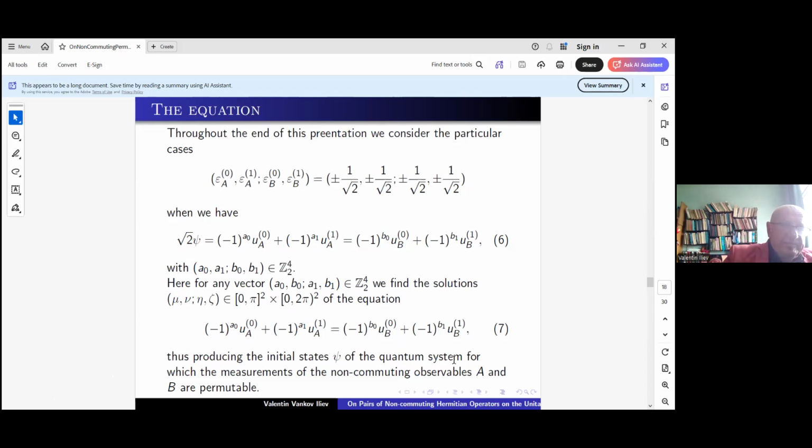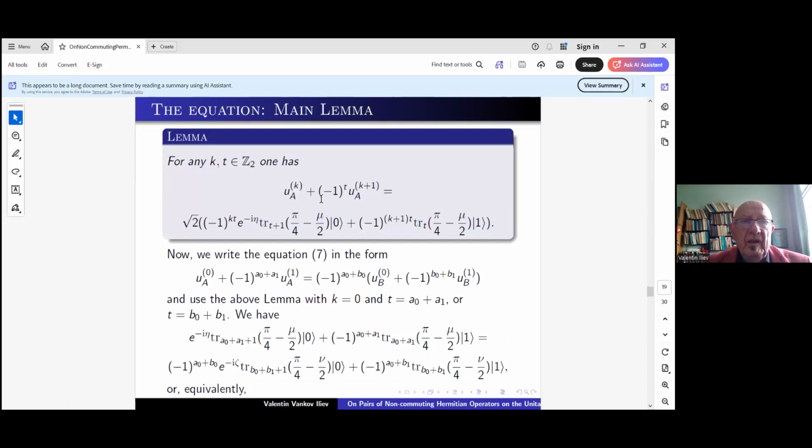In this way, we produce the initial state Psi of the quantum system for which the measurements of the non-commuting observables A and B are permutable. And we discussed this lemma. And now we write this equation in this form.